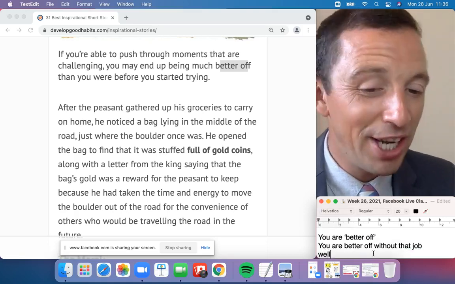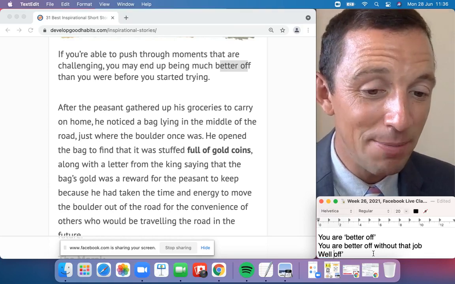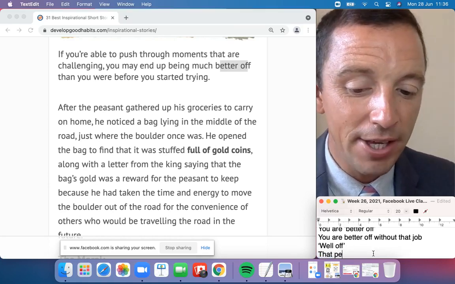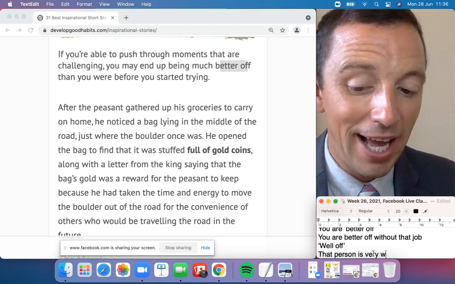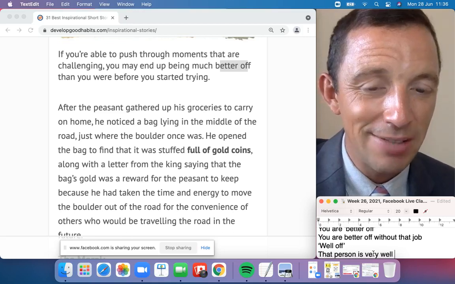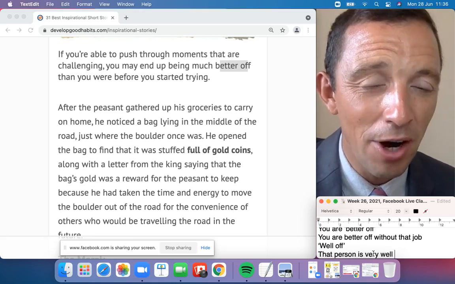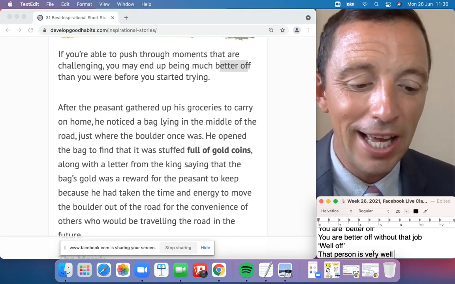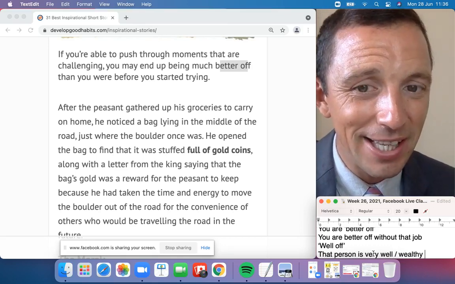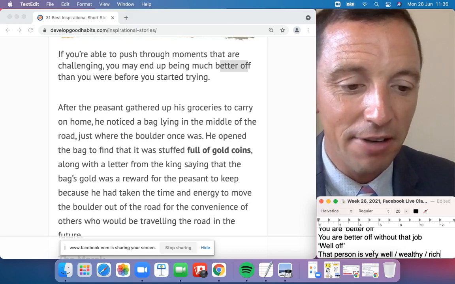Okay, in English we can say well off, which is a little bit difficult. So you can say that person is very well off, and I'm curious if you know the significance if the person is very well off. It's very, very common in English, very, very important, and the significance really is wealthy. And if you remember the significance of wealthy, it's like very, very rich.